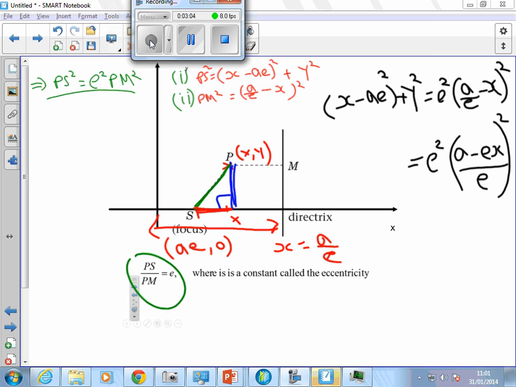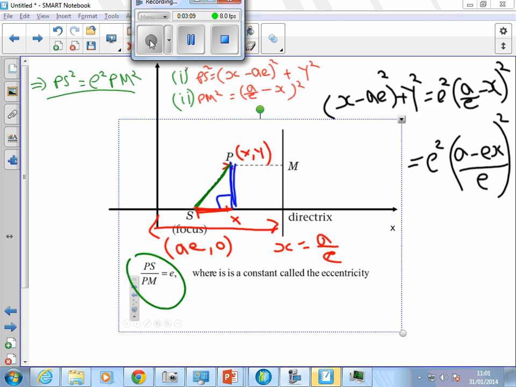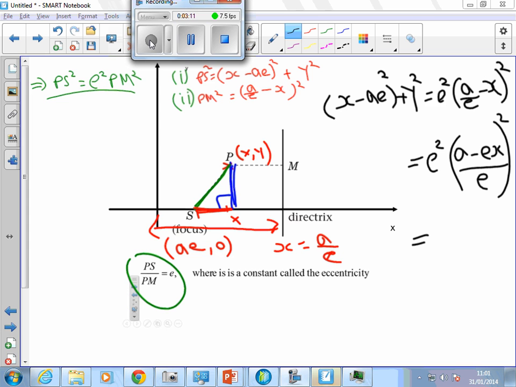The right hand side is as follows. If I square out the bracket, you can see that the E squared cancels out and you're left with, on the right hand side, (A minus EX) all squared. And on the left hand side, it's the same.